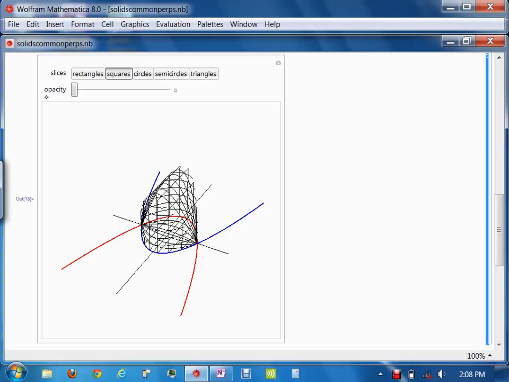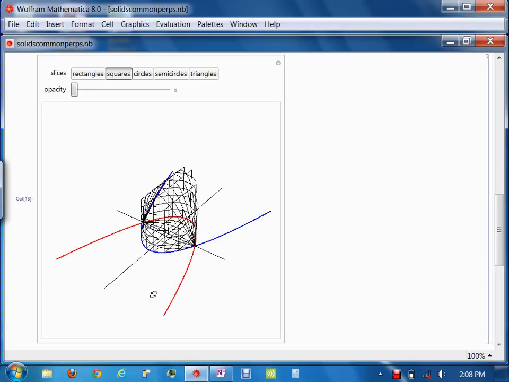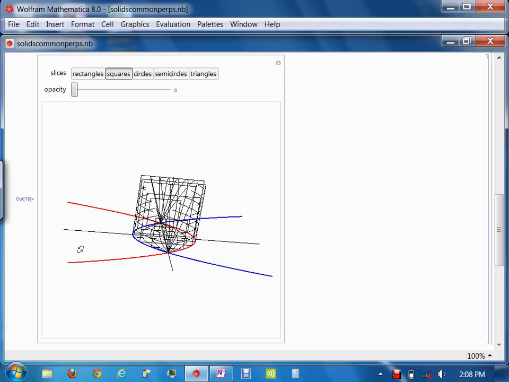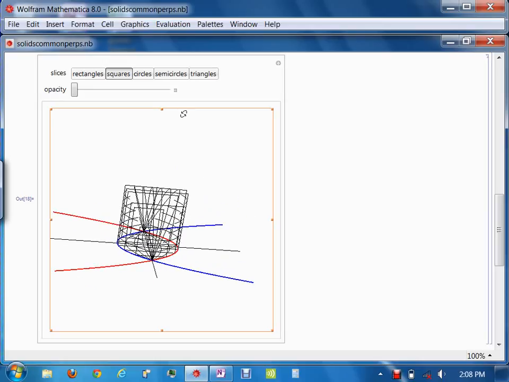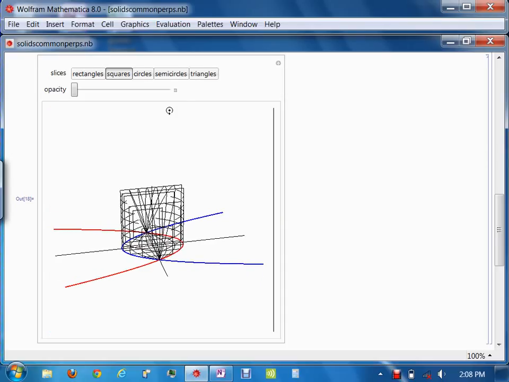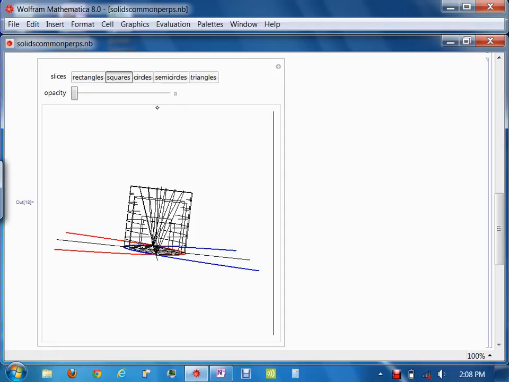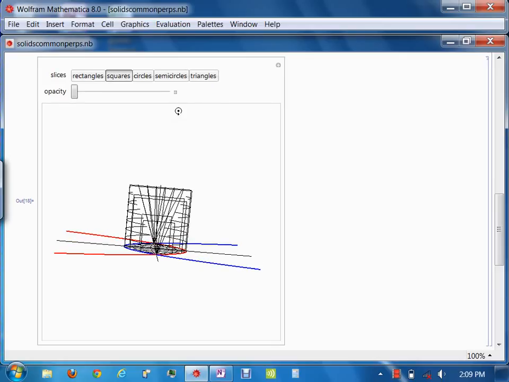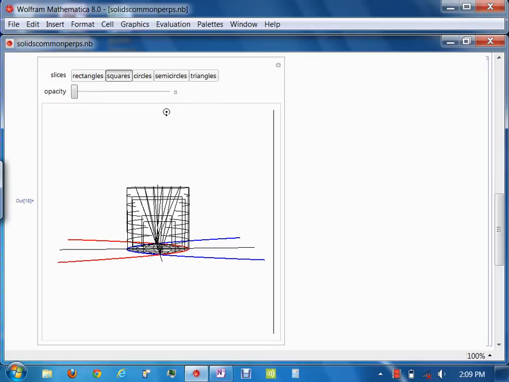That just looks like a wire mesh of hell. But if I spin this around and we look at it from this side, you can kind of see the squares. Kind of, right? You can see those squares in there?